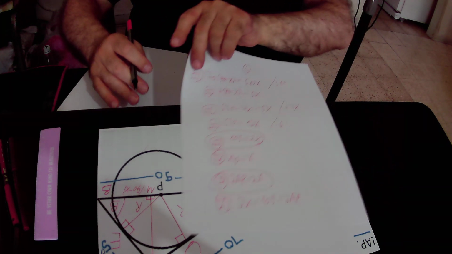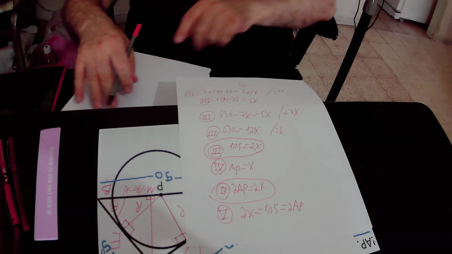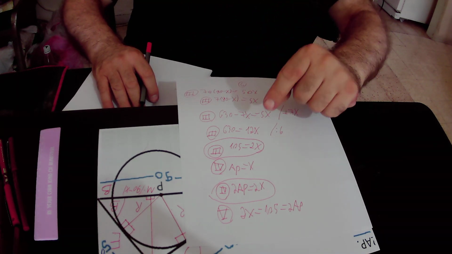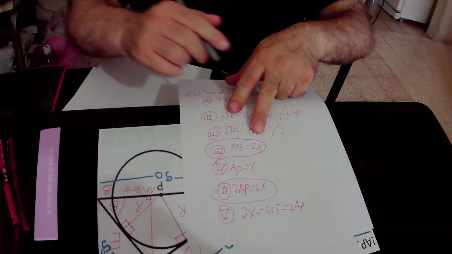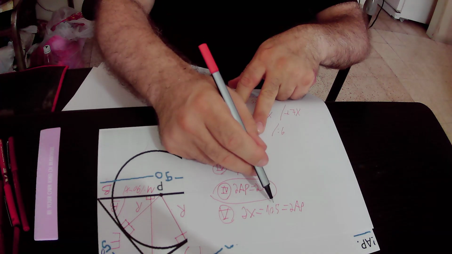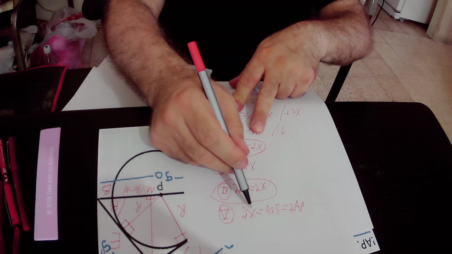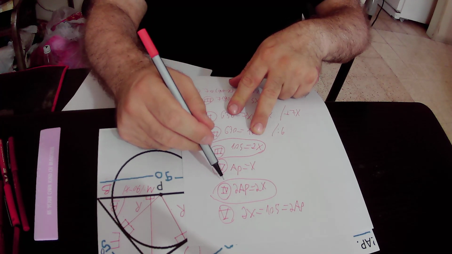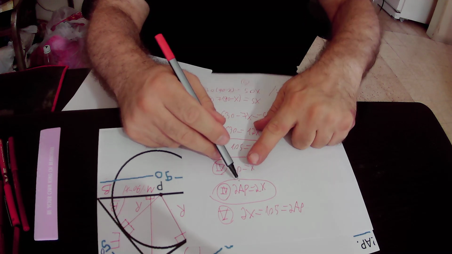So we created in the fifth equation the combination of equations 3 and 4, because according to the third equation 2 times 6 equals 105. It is written in the fifth equation that 2 times 6 equals 105, and according to the fourth equation 2 times 6 equals 2 times AP.